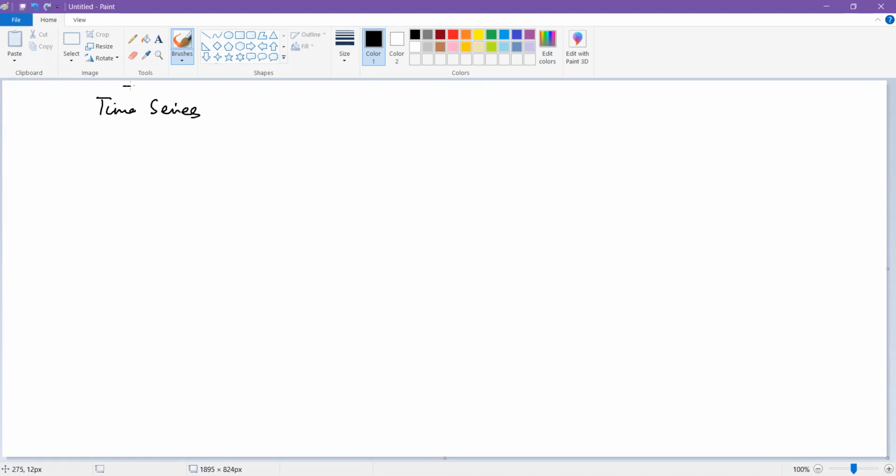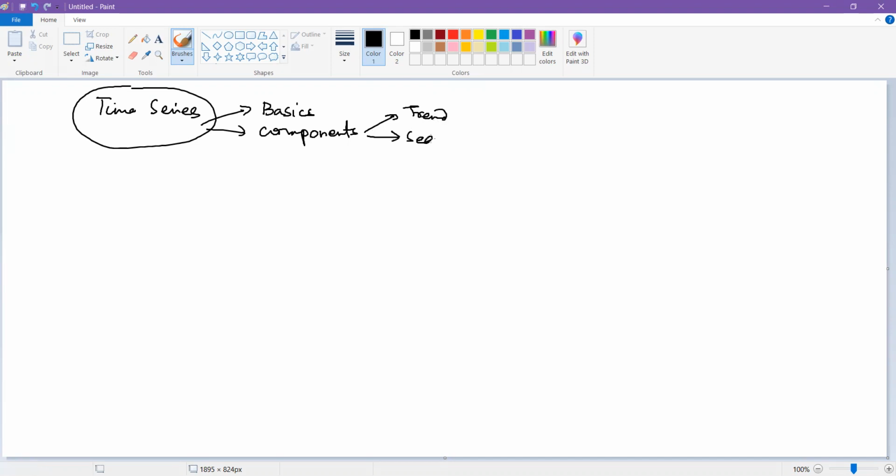So as of now, we have looked into the basics of time series. We have looked into the components of time series, right? Just to reiterate, it was trend, seasonality, and cyclicity.